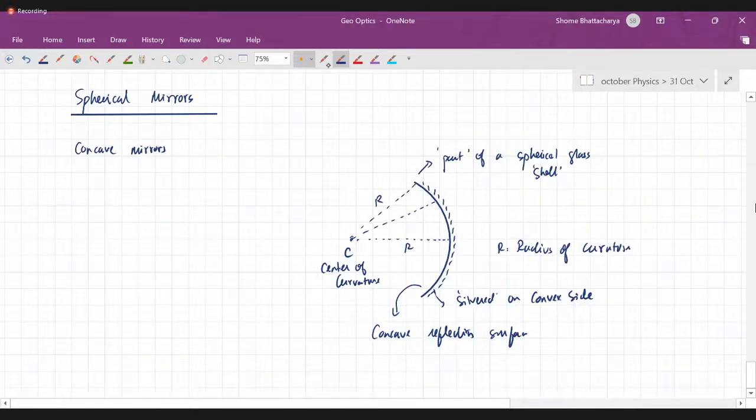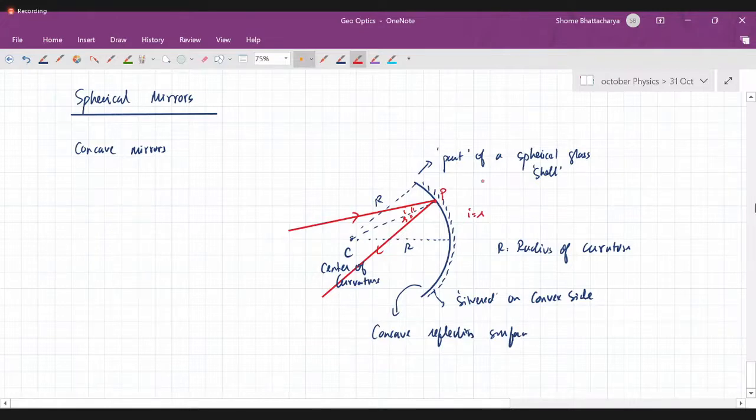Okay. So as we've discussed earlier, if you have any incident ray at any point, let's say like this, after reflection, it will go off such that angle of incidence is equal to angle of reflection. So here this angle will become equal to this angle at whatever point of incidence.